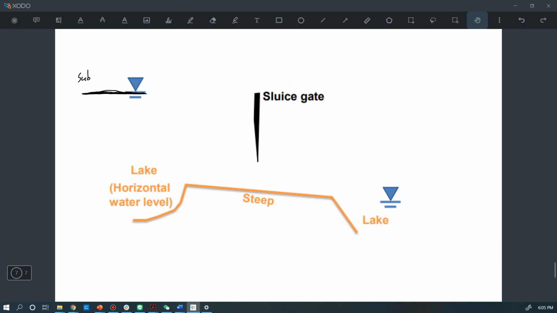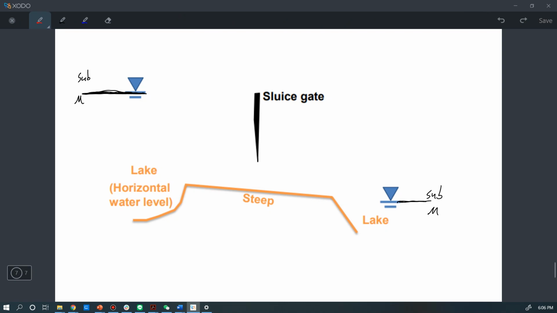And you can consider this as a mild slope because the slope is almost zero. It's zero because it's horizontal. And similarly, the downstream is also mild and subcritical. Okay, so again, we want to follow the same steps.